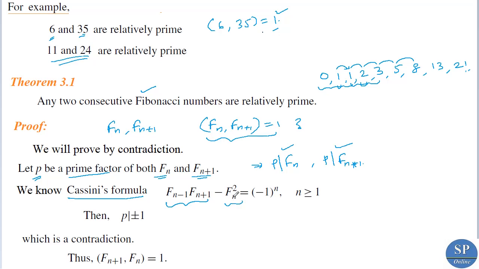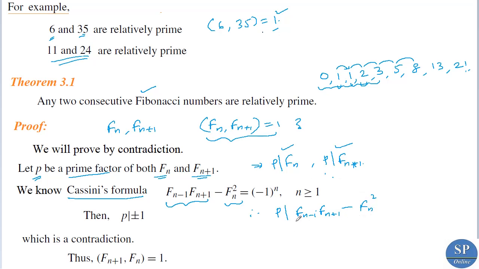Therefore, P divides Fn minus 1 into Fn plus 1 minus Fn whole square, because P divides Fn plus 1 means P divides this, and P divides Fn means P divides Fn square.